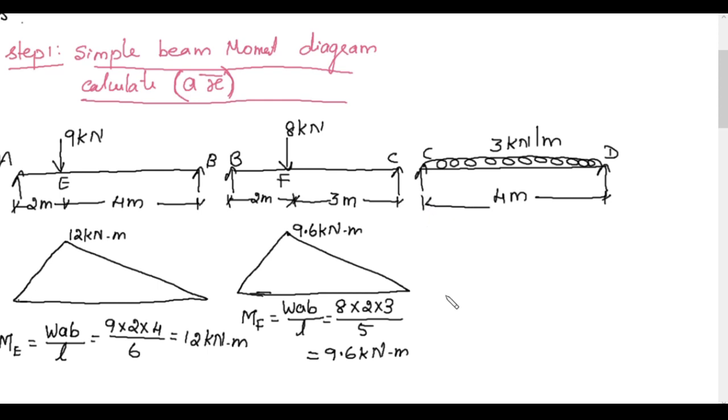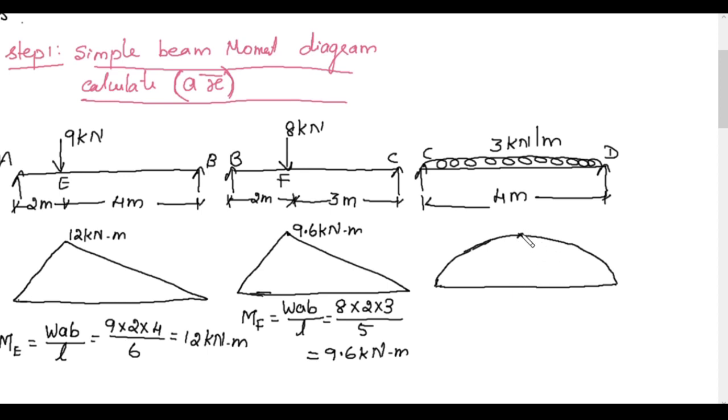We know that the bending moment diagram of a simply supported beam subjected to UDL will be like a parabola, right? So it will be like this.